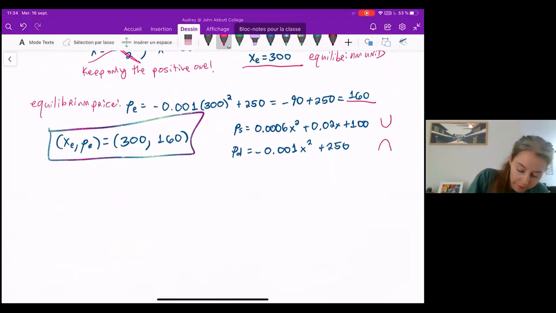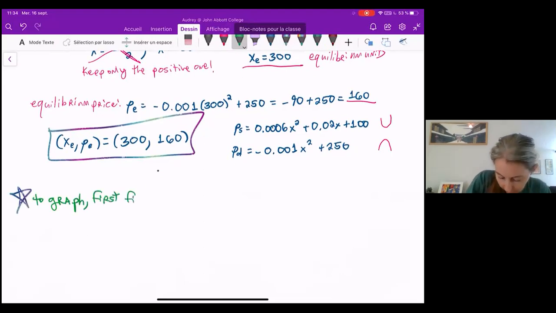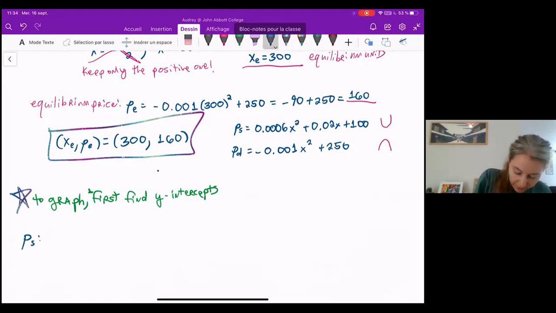So to graph, first find the y-intercepts. For P sub S, my supply function, that is 0 plus 0 plus 100, which is equal to 100.